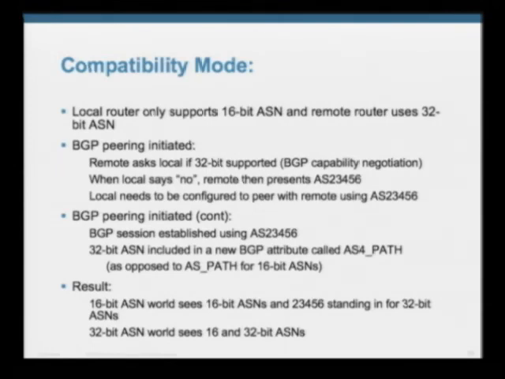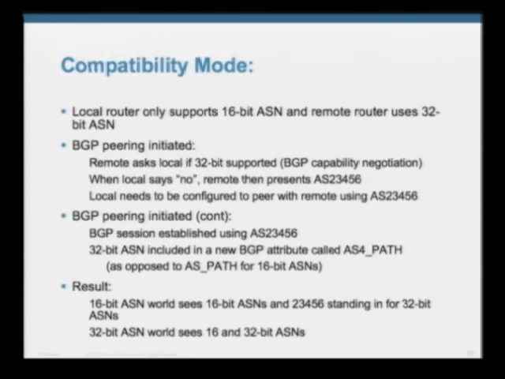And so what happens then, the remote says, he's old, he doesn't know about the 32-bit ASNs, I'll try AS23456. The local, of course, has to be configured to peer with 23456, because they can't configure the new big number. So the local configures neighbor AS23456. When the remote comes in saying, hey, I'm in AS23456, it's a matching AS, the BGP session is established.